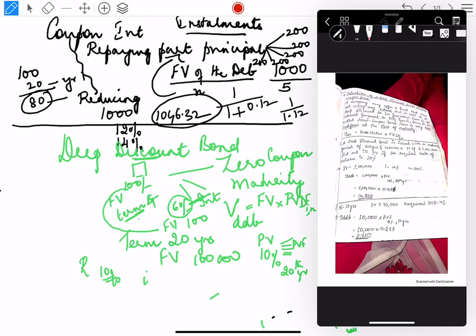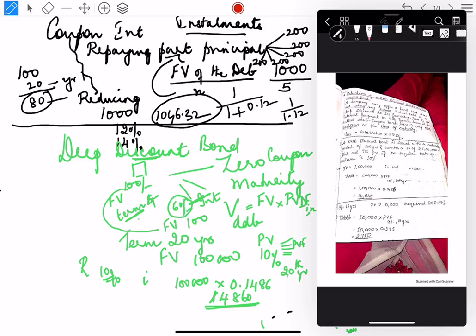So if you go down and check the present value factor at 10%, in the 20th year it is around 0.1485 or 86, it would be somewhere here. So this 0.1486 is multiplied with 1 lakh, and this amount is 14,860. What does this mean?